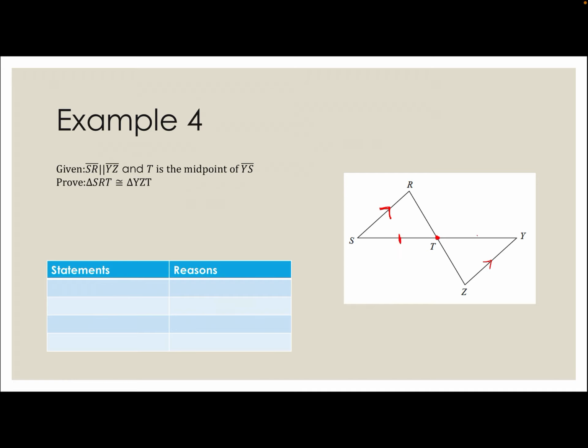If T is the midpoint of YS, that's going to mean ST is congruent to YT. So we're going to get segment ST is congruent to segment YT. And that's going to be because of definition of midpoint. So we've written one congruence. We need to come up with two more.